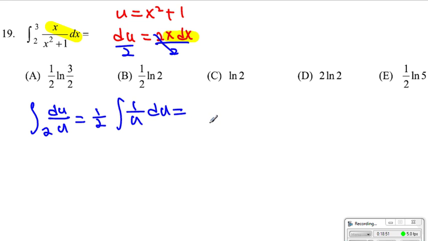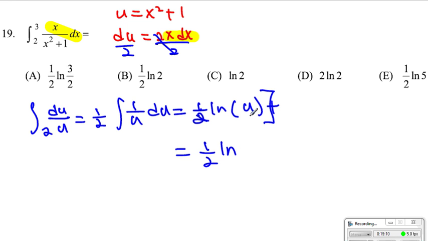When you take the antiderivative of that, we end up getting 1/2 ln of u plus c. Or in fact, we're just going to get 1/2 ln of u, which becomes x squared plus 1, for the values of 2 to 3.